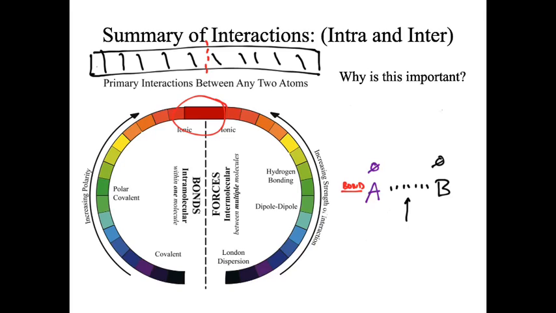Sharing of electrons. Okay? So if I have a bond there, atom A must be equally sharing electrons as whatever's connected to it. So I know what the bond is. I know that that bond must be a nonpolar covalent bond. Okay?